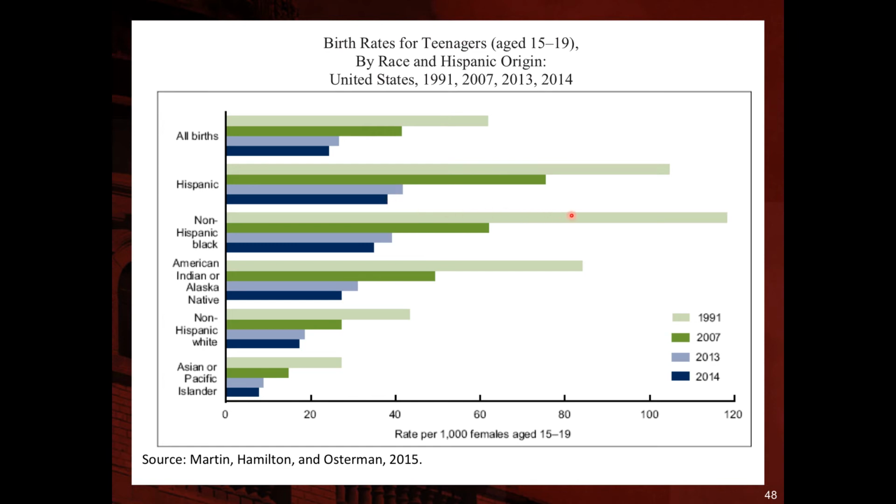And that has also been experienced by non-Hispanic Black teenagers, American Indians or Alaskan Natives, non-Hispanic whites, and also Asian or Pacific Islanders. But the differentials by race ethnicity still remain a reality in the country, with Hispanic teenagers having much higher rates than non-Hispanic white and Asian or Pacific Islanders, for example.